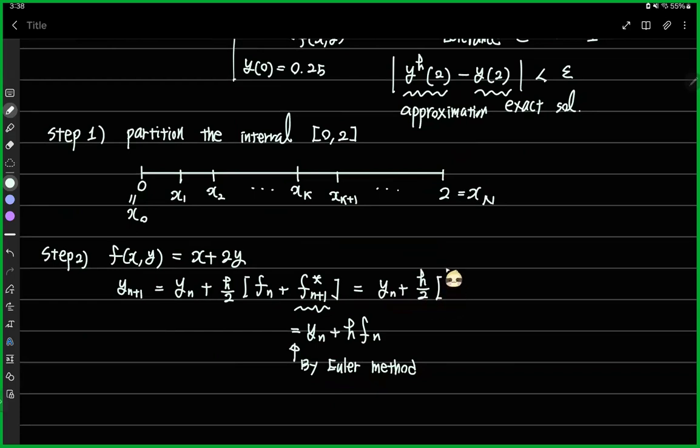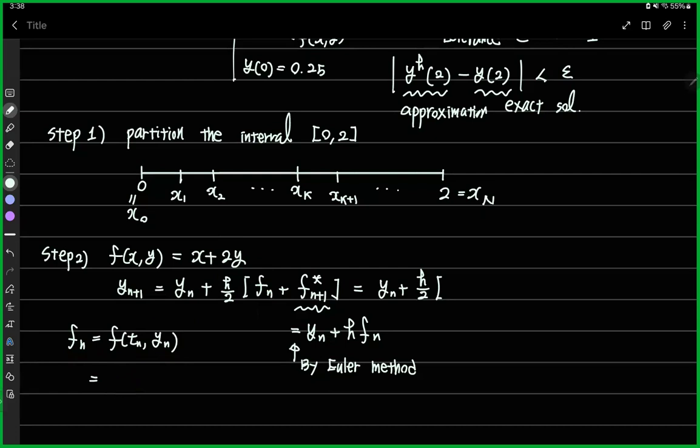Okay, so what is f sub n? f of x comma y is x plus 2y, right? So f sub n is equal to f of x sub n and y sub n.